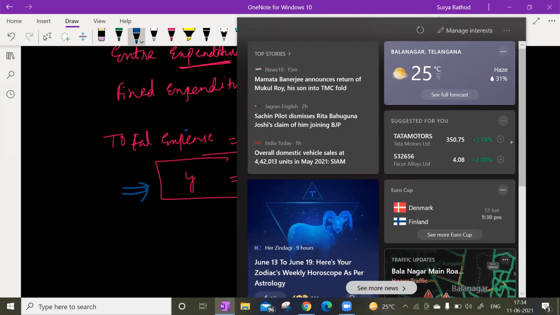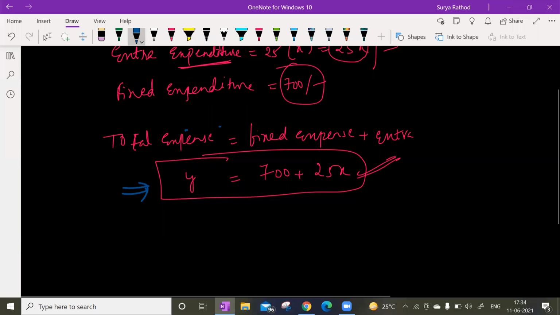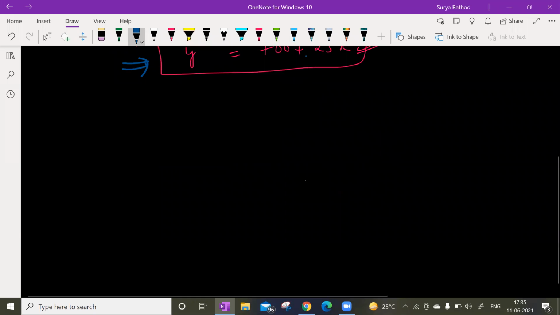Euclid's geometry we have already done. Lines and angles is the next chapter. Let me decide which chapter we are going to teach now.